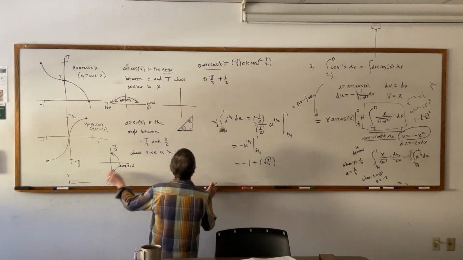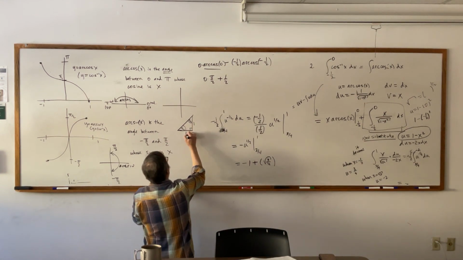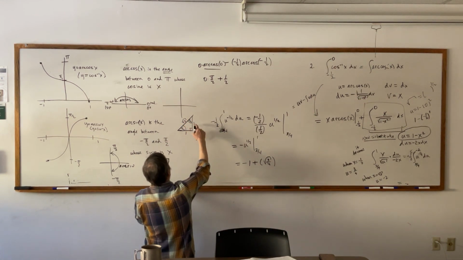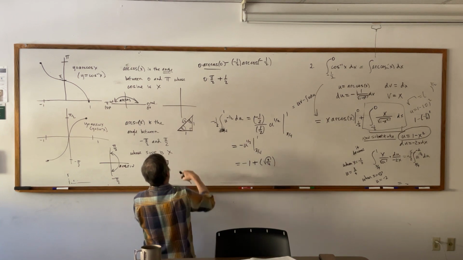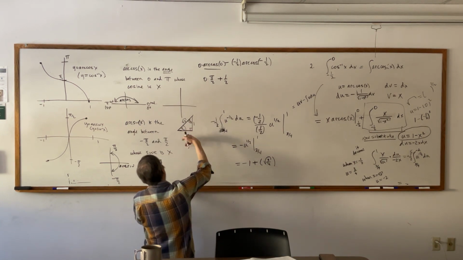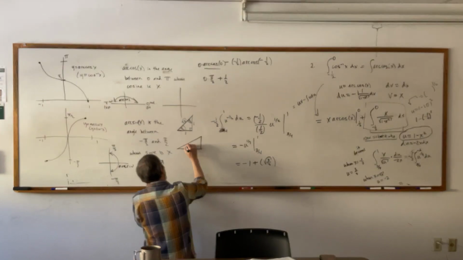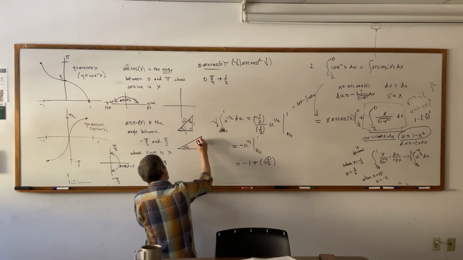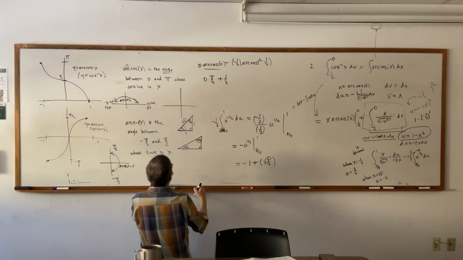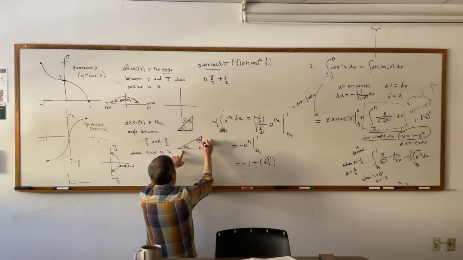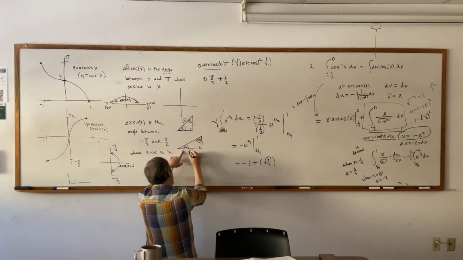I'll be doing more of this. This special triangle goes like this, and that's just the Pythagorean theorem. a squared plus b squared is c squared. These angles are the same, so the sides opposite them are the same. Here is a 30-60 triangle. Here's the 30, here's the 60, here's the 90. This triangle has sides 1, square root of 3, 2.